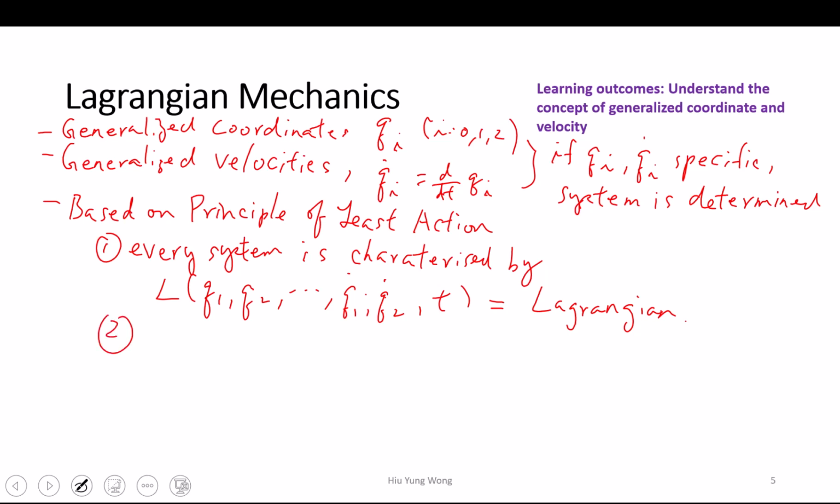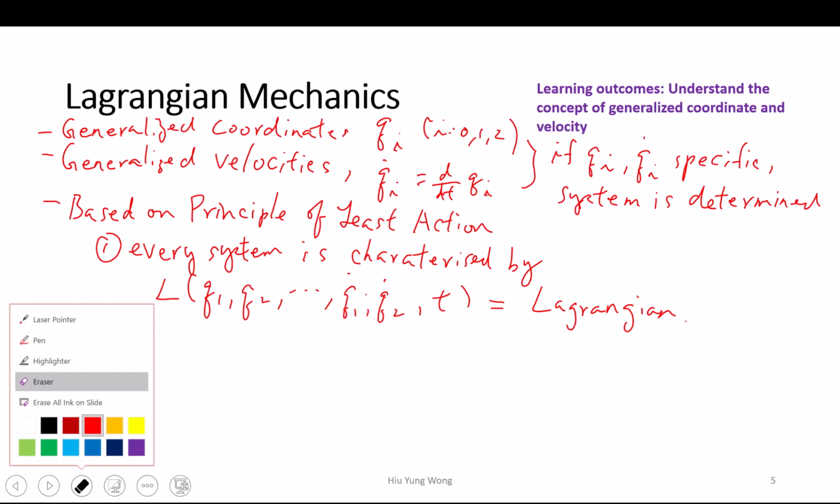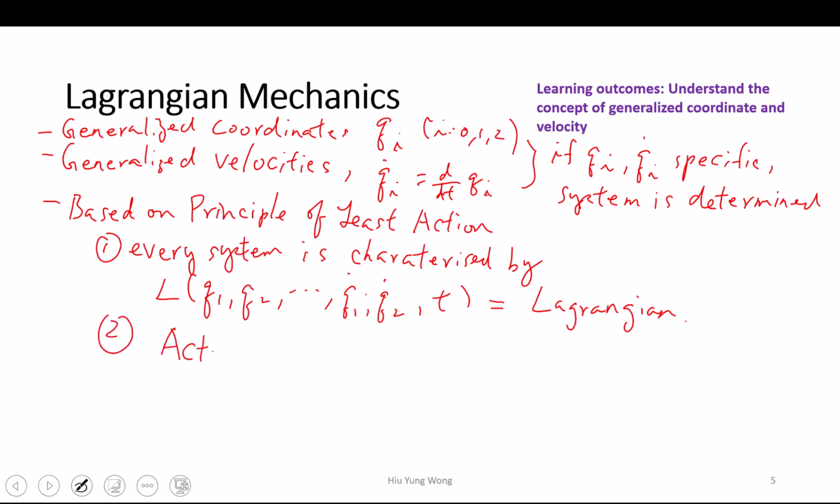And this principle of least action tells us that the so-called least action is an integration. Now, why do we want to say this? We are not going very deep, but if you go to quantum mechanics, you will find that everything developed from classical mechanics. They also have something called action. Here the action means if I go from time 1 to time 2, and I do an integration of this Lagrangian over time, this must be minimized.